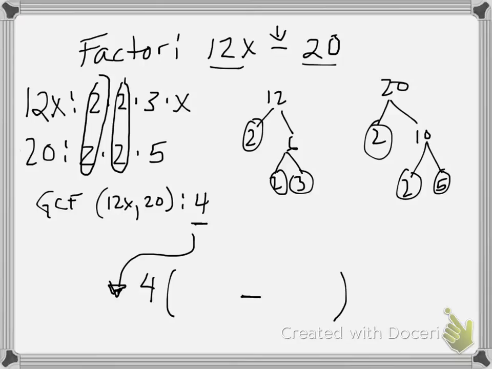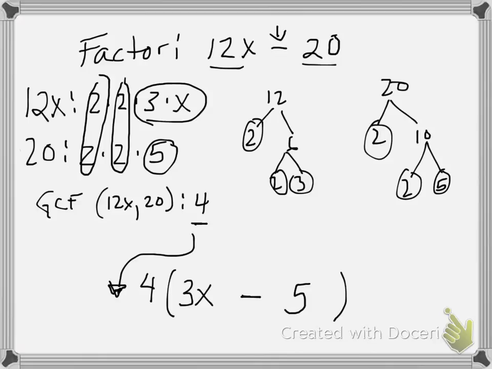And then I take these factors that I didn't use for 12x right here, multiply those together, and I'd have 3x. Take the factors I didn't use for 20, this 5, and set that in here. So factoring 12x minus 20, I would have 4 times parentheses 3x minus 5.